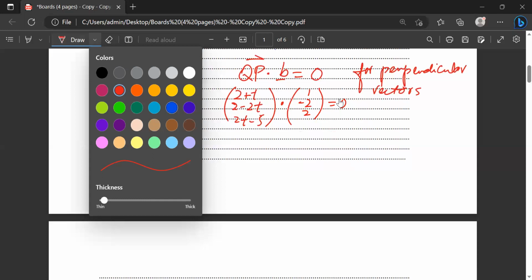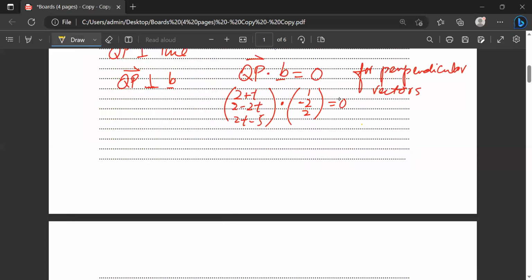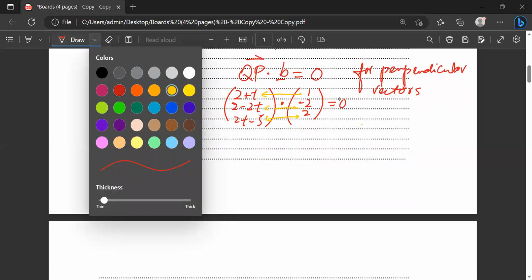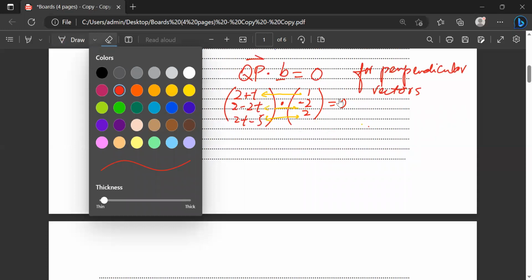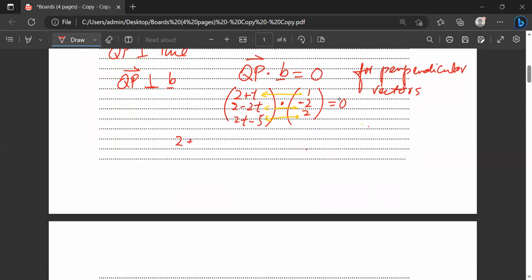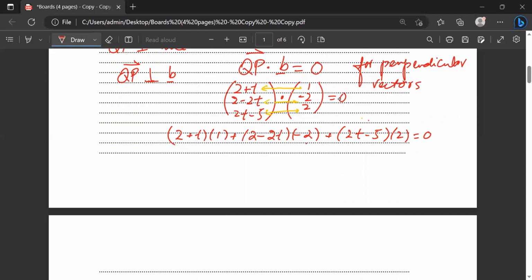So next, I can multiply the corresponding entries, using the scalar product formula for two vectors. 2 plus T is multiplied by 1, 2 minus 2T is multiplied by minus 2, and the last components are multiplied, and that equals 0.